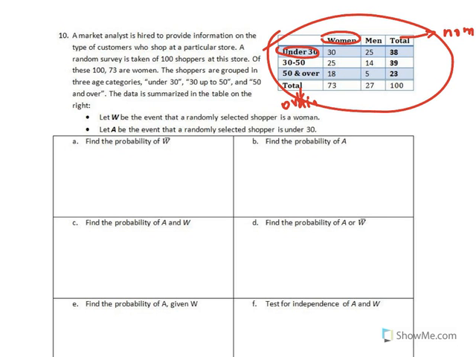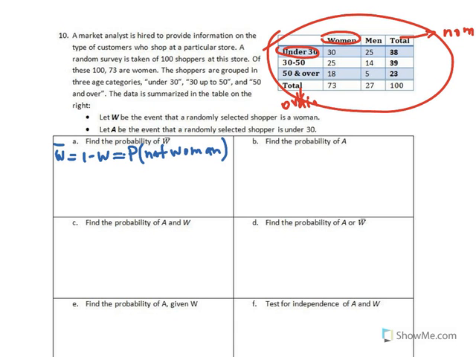Question A. Find the probability of W bar. W bar is the complementary event of W, which will be 1 minus P(W). This is going to be called the probability of not a woman.